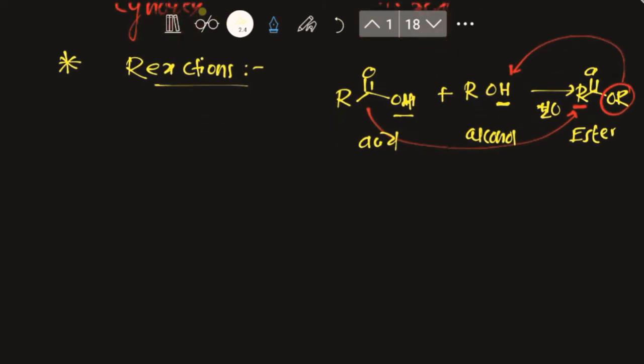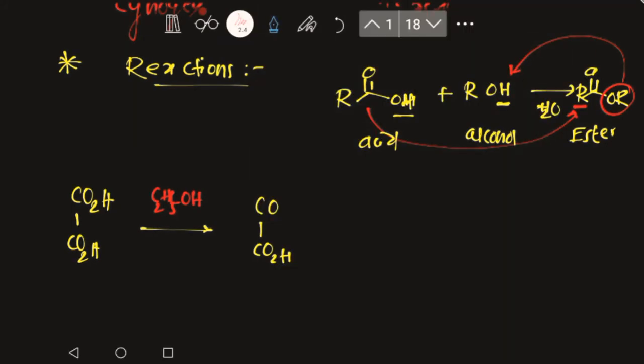Now oxalic acid shows some very specific reactions. Oxalic acid, COOH and COOH, combined with one equivalent of ethanol, C2H5OH, undergoes a simple removal of water, giving CO2H and OC2H5.